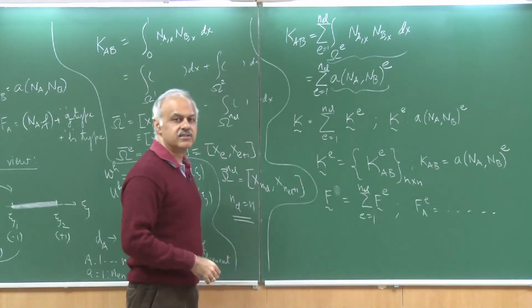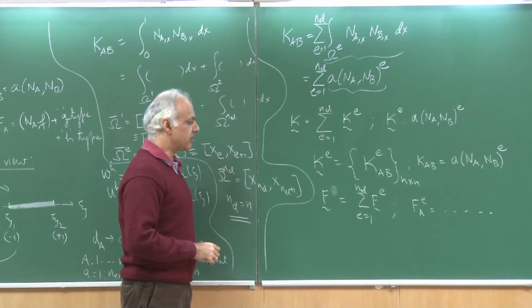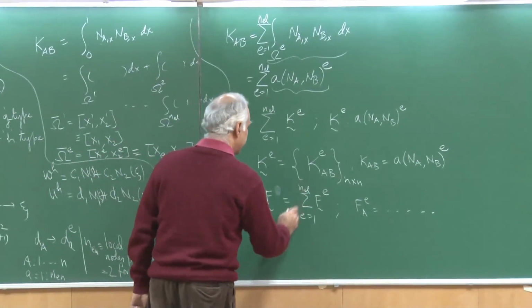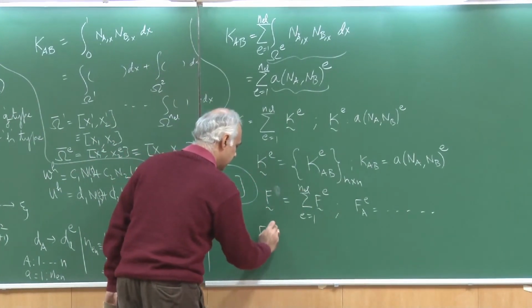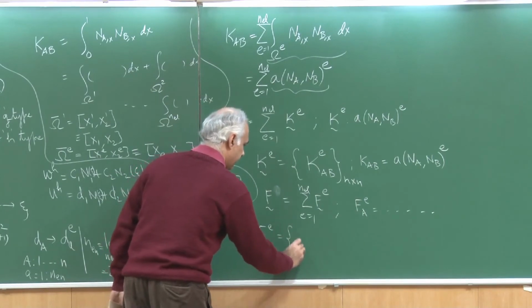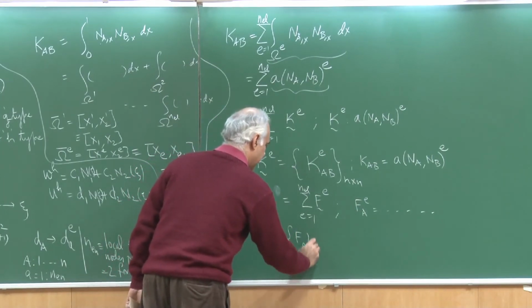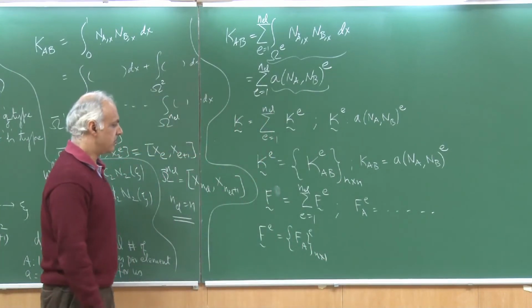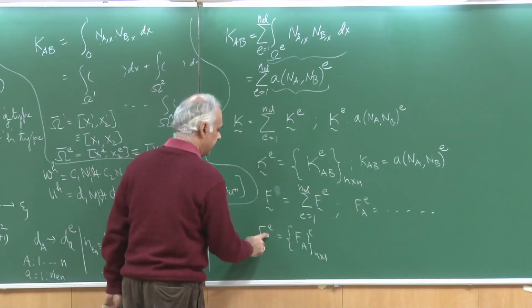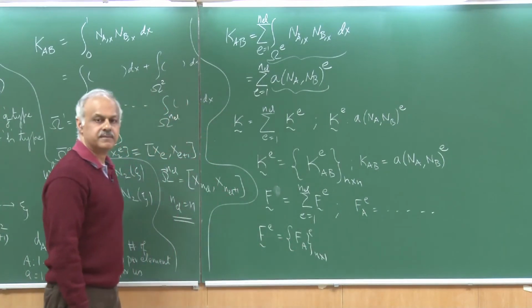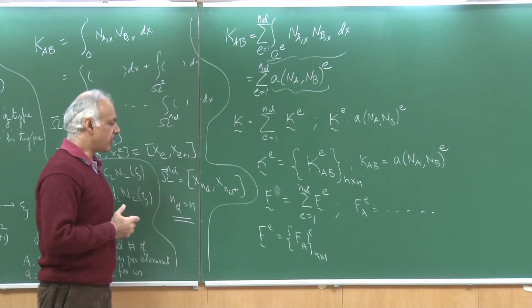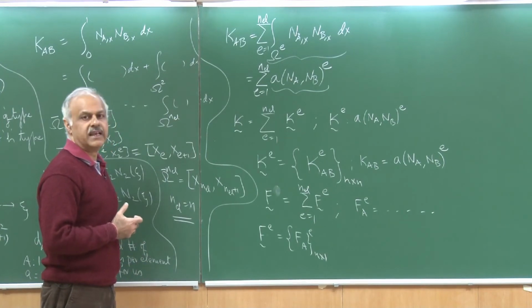These are all integrals over the element level domain. The point to note is that each of these Fes is again a full vector. So, K is a full matrix n by n and Fes are n by 1, but they contain contributions only from the element.